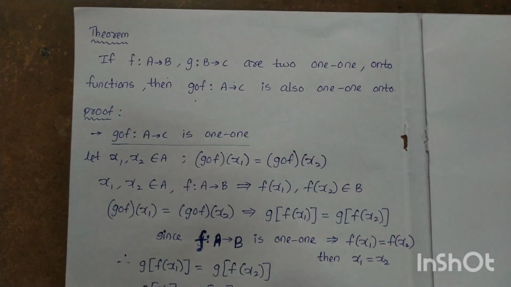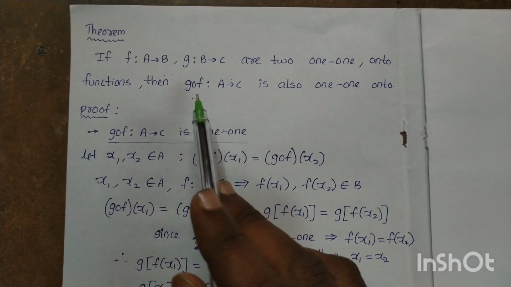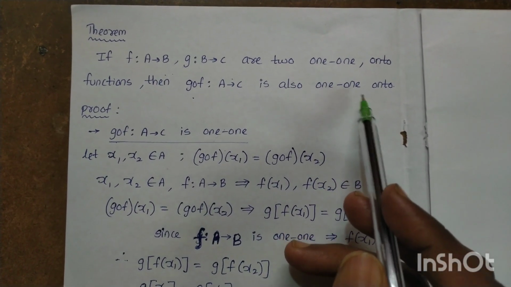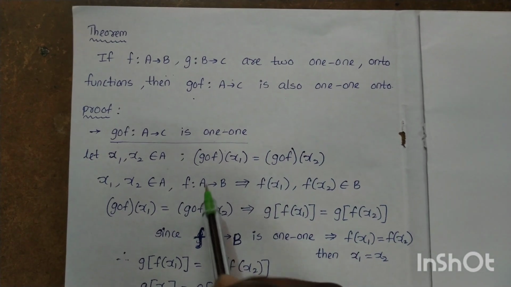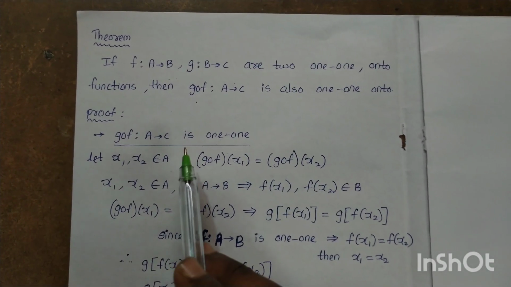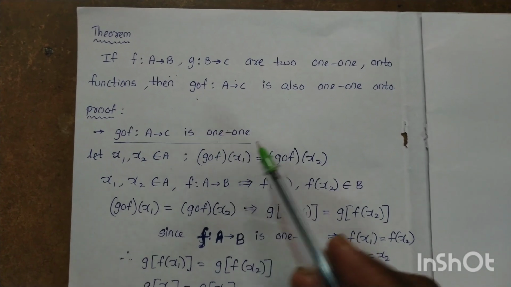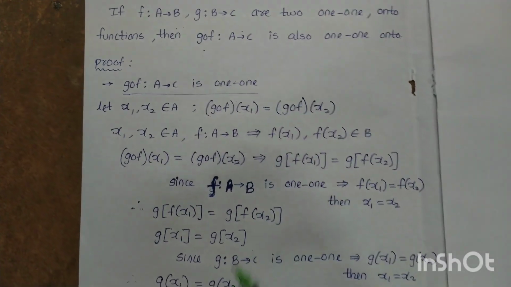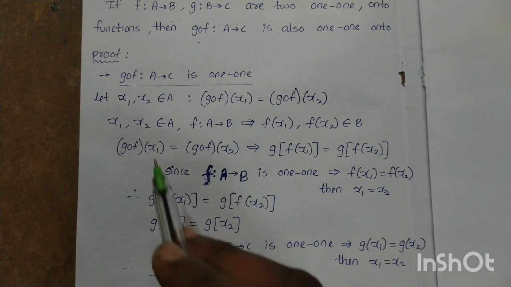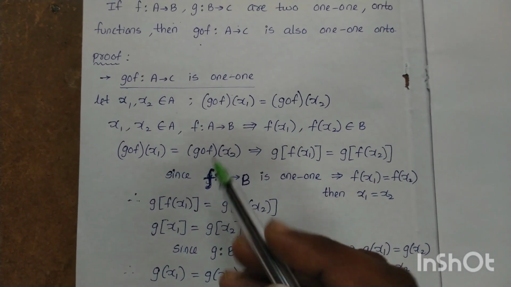For that, first of all, we will prove whether gof is a one-one function or not. Next we will prove whether gof is an onto function or not. So first, in order to prove gof is one-one, this is the process, which is there in your textbook. I am going to explain it step by step.